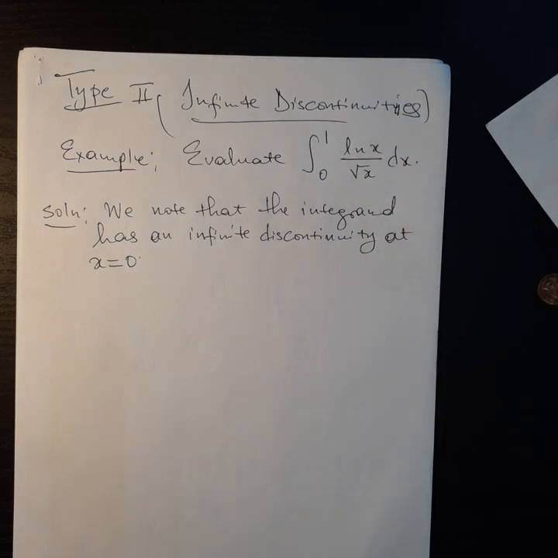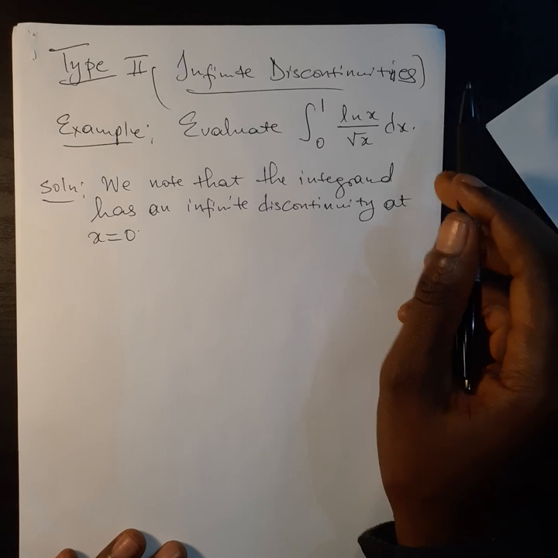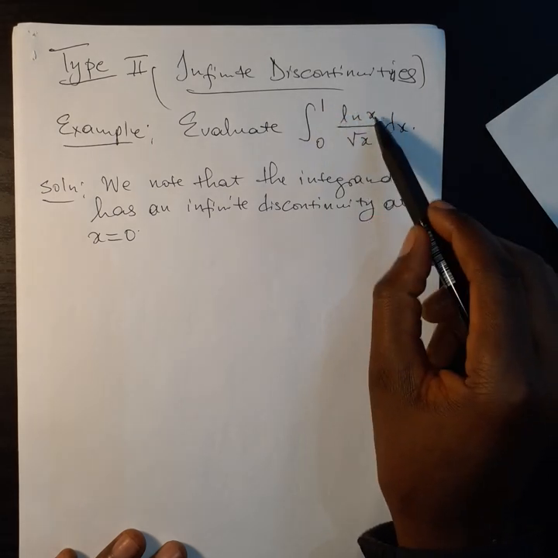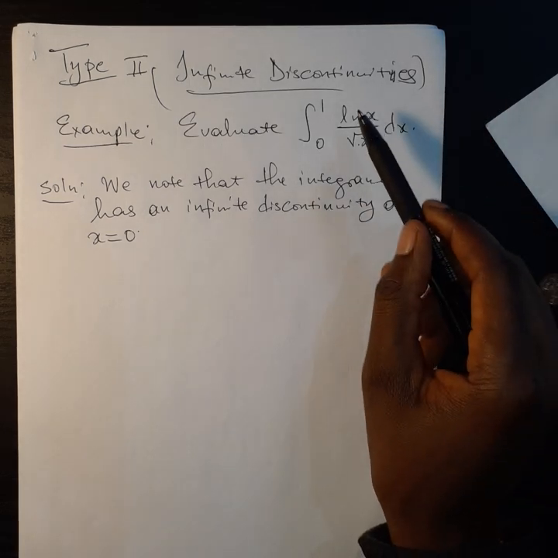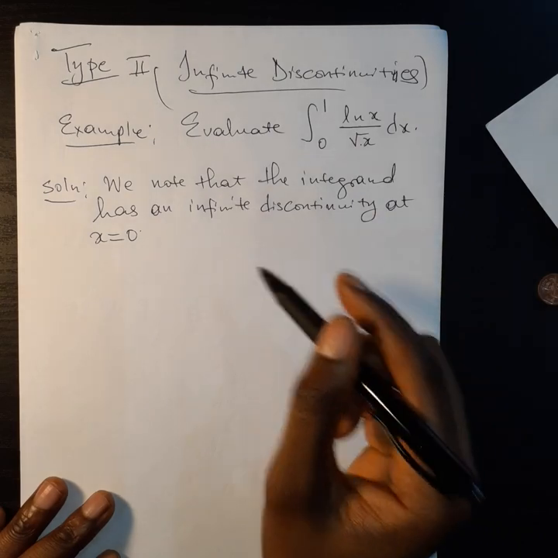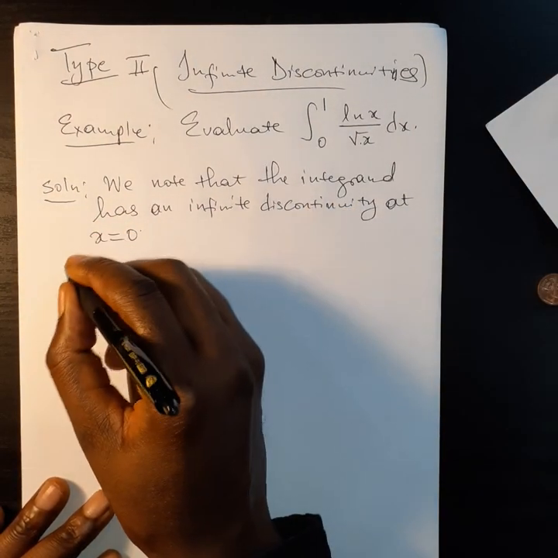So the function is discontinuous even at 0, because the 0 will be dividing by 0. Say if you have 1 there, then it's 0 over 0 again. We have a problem.